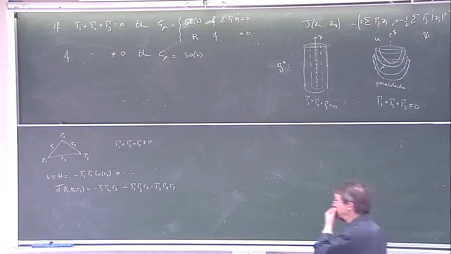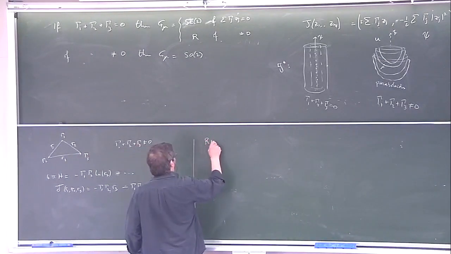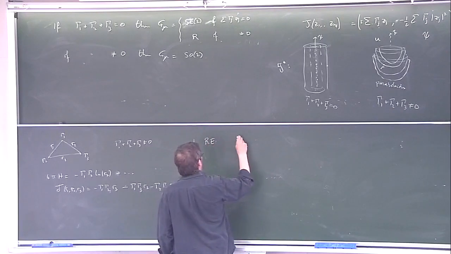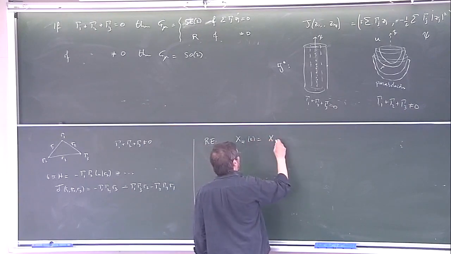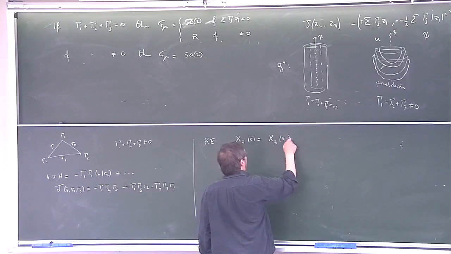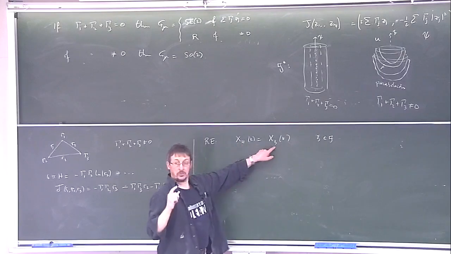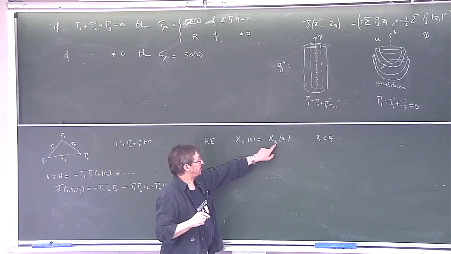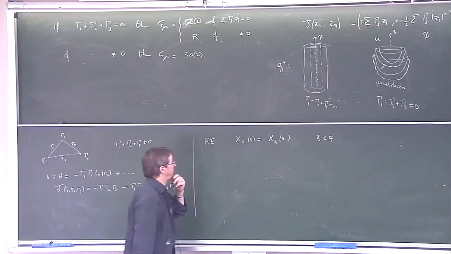Now, what do we do with relative equilibria? It's where the Hamiltonian vector field is equal to the vector field for some element of the Lie algebra, because the solution corresponds to a one-parameter subgroup, and that's the Lie algebra element that generates the one-parameter subgroup.